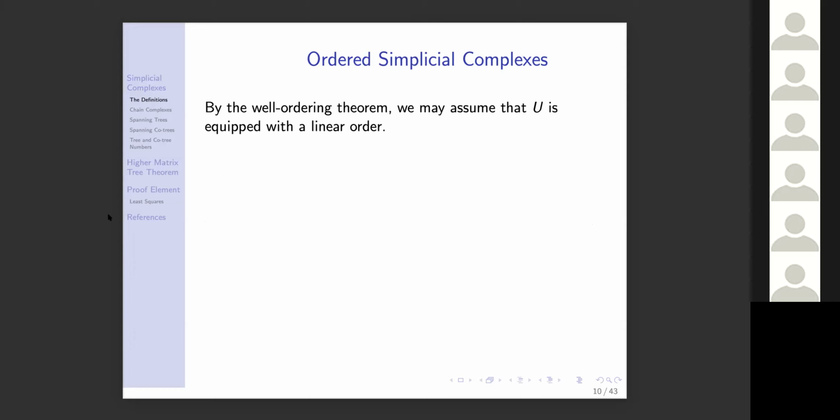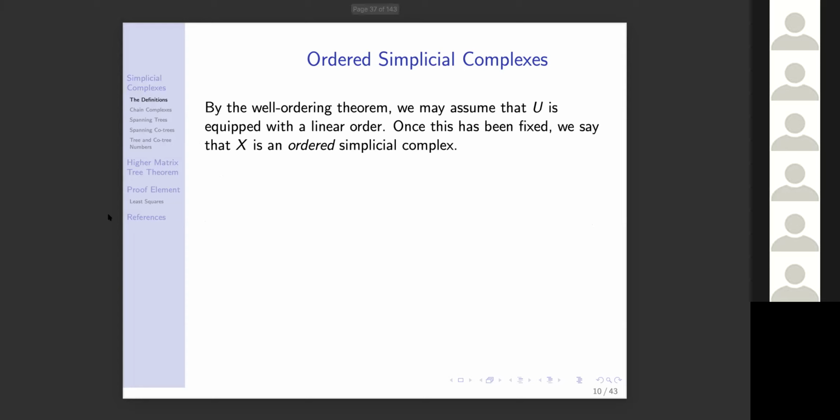Okay, so now it's important in this talk to use ordered simplicial complexes. So what is an ordered simplicial complex? Well, by the well-ordering theorem, we may assume that U is equipped with a linear order, so that you can compare any 2 distinct elements of U by the ordering.